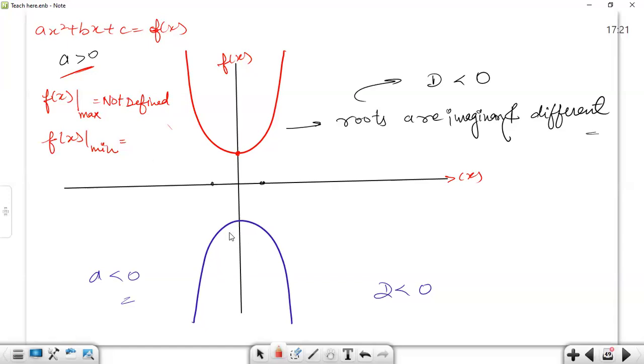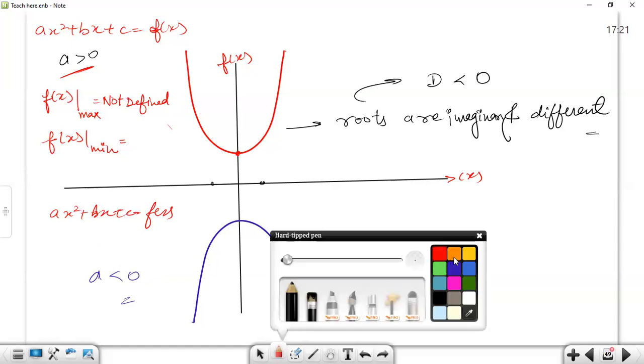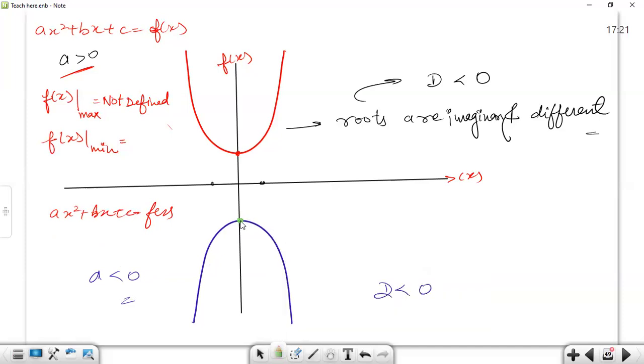But let's first understand this function ax square plus bx plus c where a is less than 0. When a is less than 0, this particular graph has a maximum value here. But there is no minimum value because it's tending towards infinity.